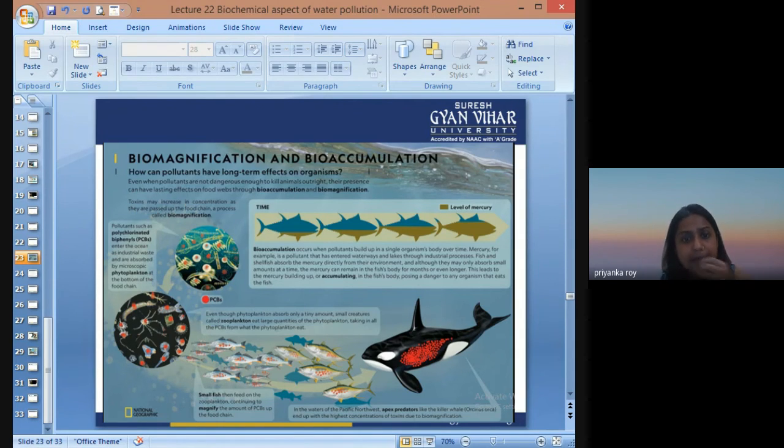Toxins may increase in concentration as they are passed up the food chain, a process called biomagnification. The predator consumes phytoplankton and plankton; the accumulated toxins are at this level, and with continuous consumption it increases with time. It is accumulating.